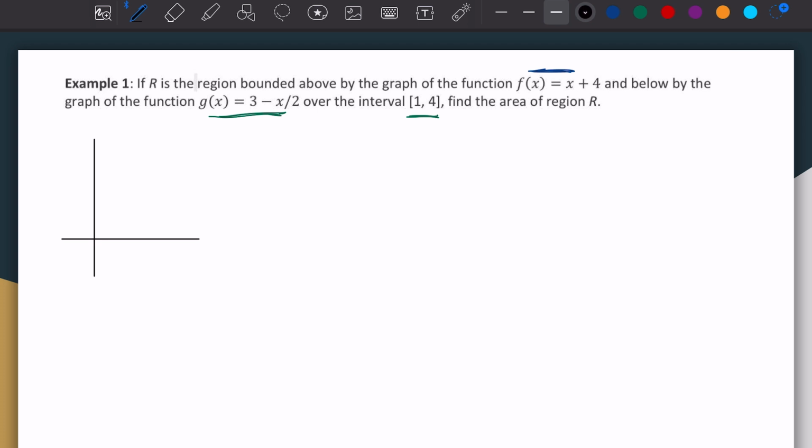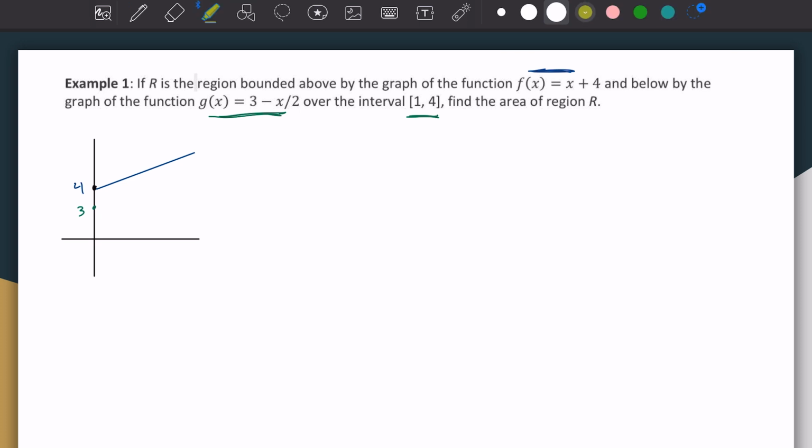So x plus 4 is just going to be a nice straight line, plus 4, kind of going up like that. And then 3 minus x over 2, same thing. Kind of put it at 3, make it a little bit higher right there.